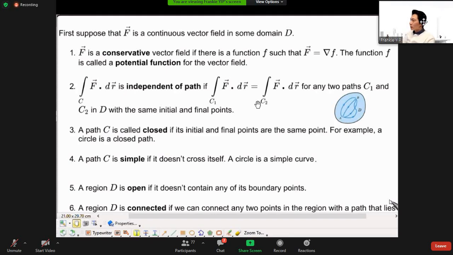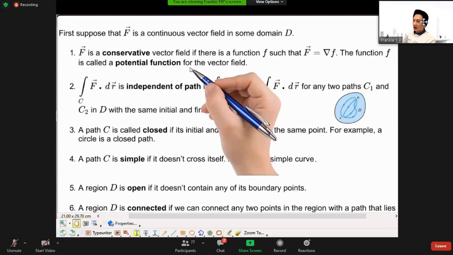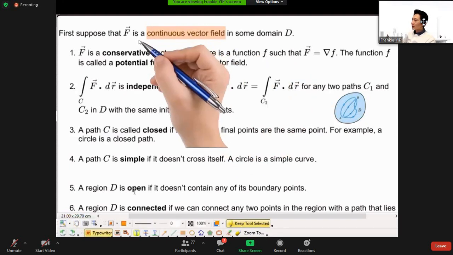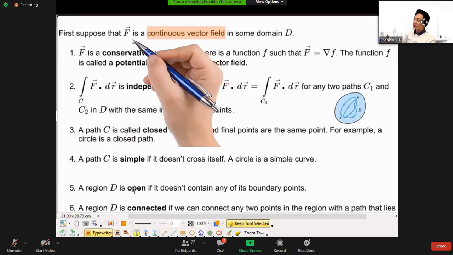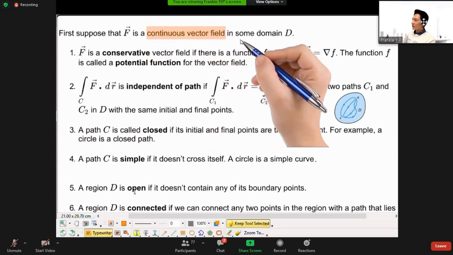Another thing I would like to let you know about is conservative. I think I've told you this word before, in the curl F part. Let capital F, something like the force, be a continuous vector field.